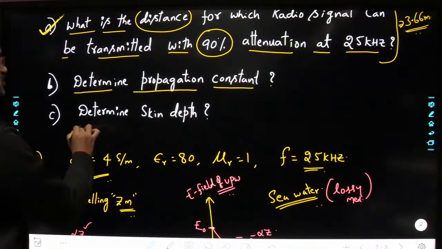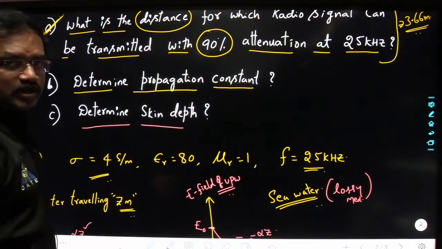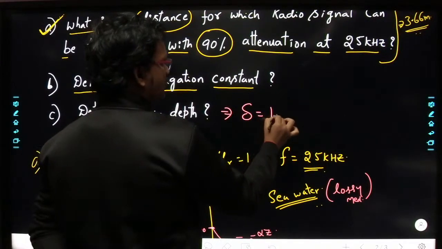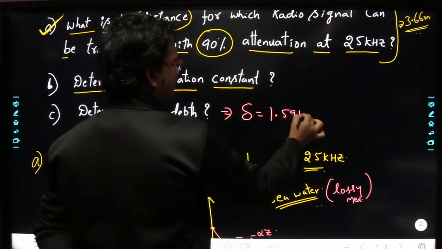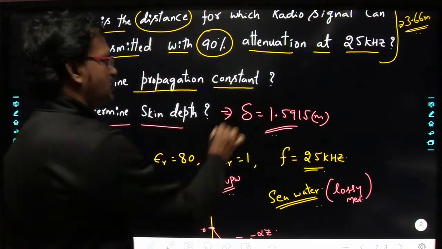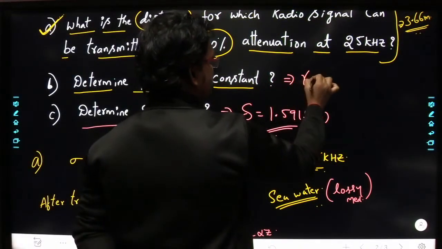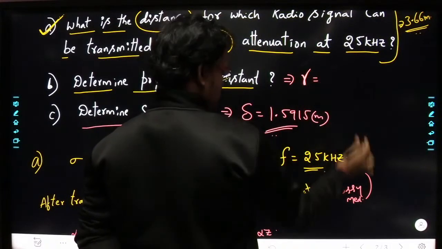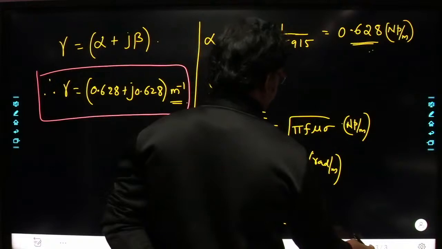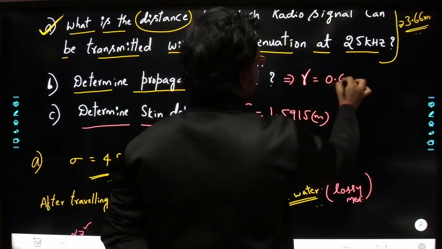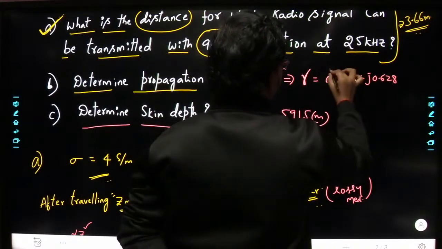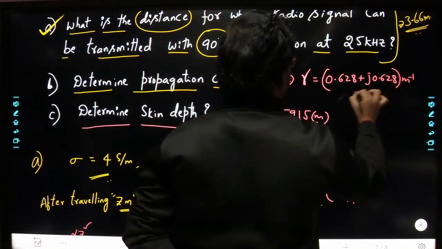Next, in C, what they are asking is to determine the skin depth. We have already determined the skin depth, yes or no? That is 1.5915. And we have determined the gamma value, the propagation constant, which is 0.628 plus j 0.628 meter inverse.